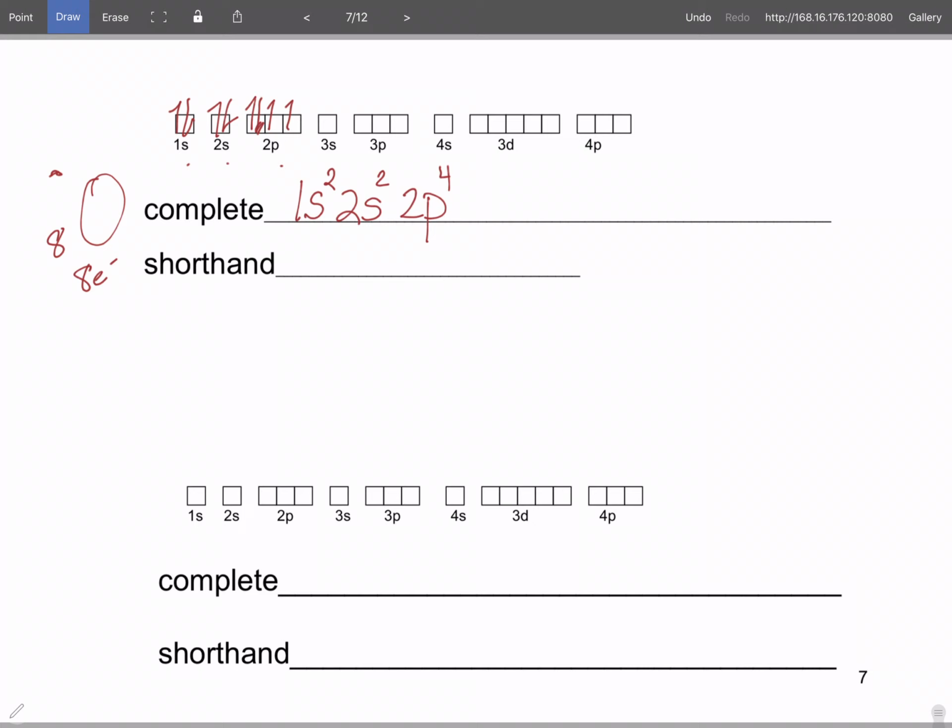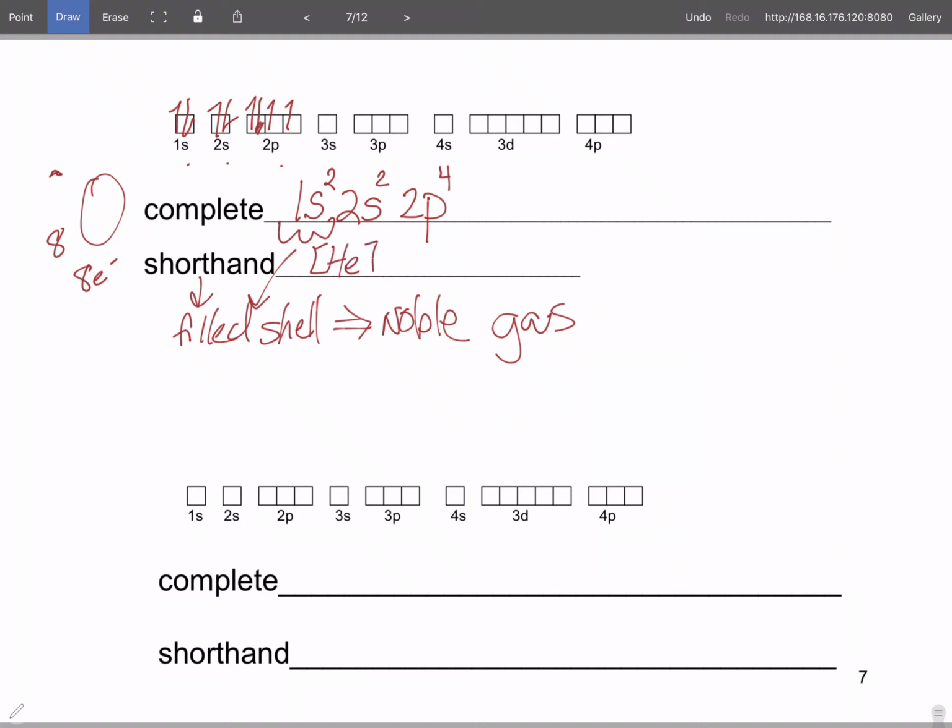So the shorthand works like this: if you look at the periodic table, a filled shell is the noble gas. And so, for example, when you look at this, this is your filled shell. So it corresponds to the noble gas, which is helium.